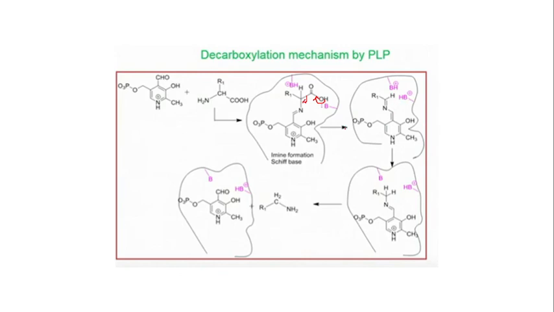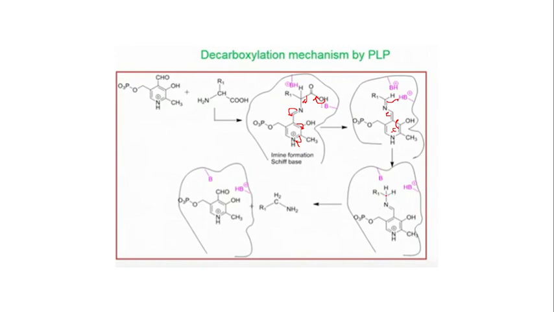After decarboxylation, it will go here, and this positive charge will be stabilized. Once you have this lone pair, it will go again, and then it will take the proton from here.